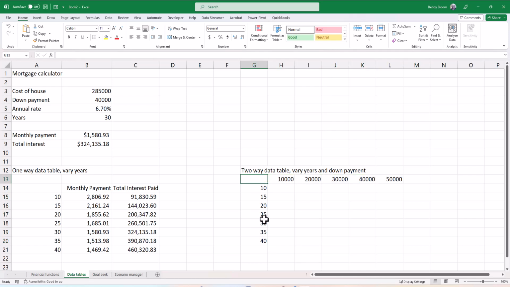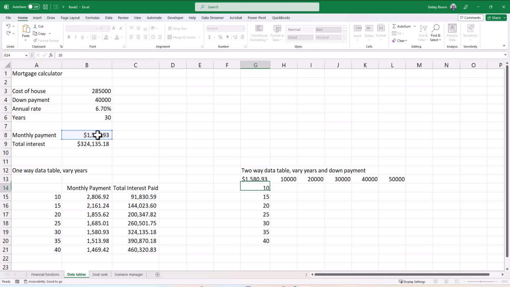So with the two-way data table in the corner, I either put the formula that I want or make reference to the formula that I want to display in the detail. So in this case, I want to show my monthly payments. So I'm going to do equals and click on the monthly payment. Later we'll change that cell again.